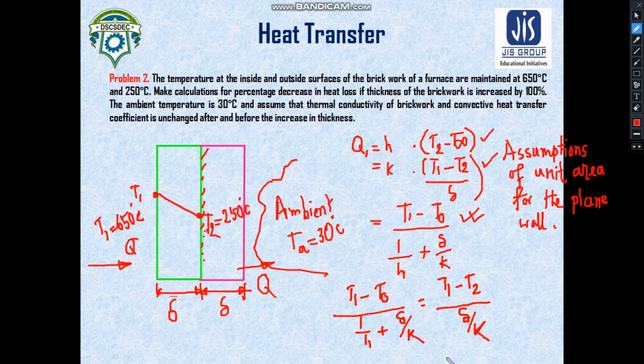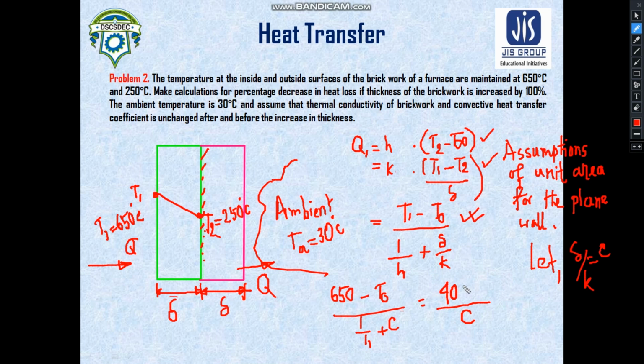Let us take this delta by K as an arbitrary value C, or something else, you can take whatsoever. So we can replace this one by C. Now you know the value of T1, it is 650, and you know the value of T2, it is 250. So here you can write 650, and here it would be 650 minus 250, so it will be 400.